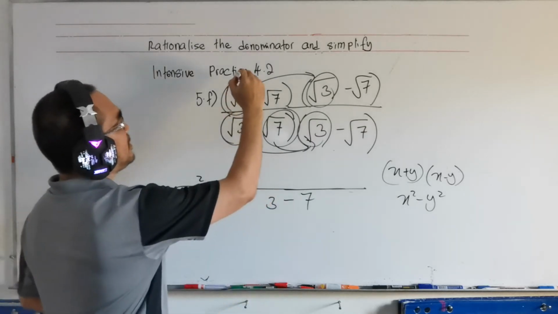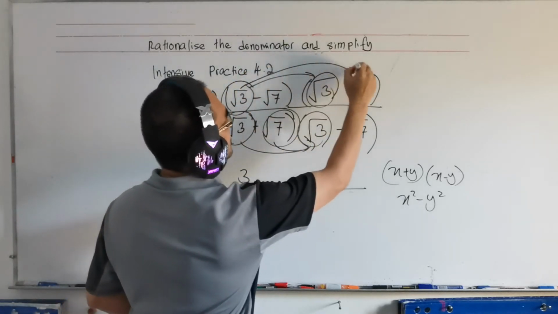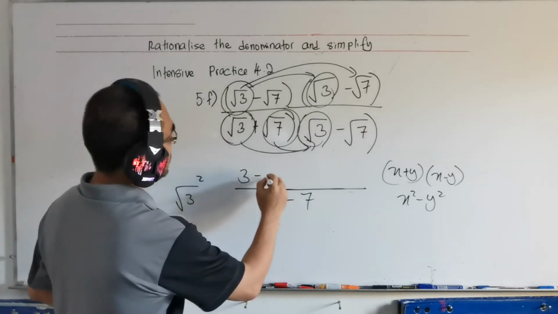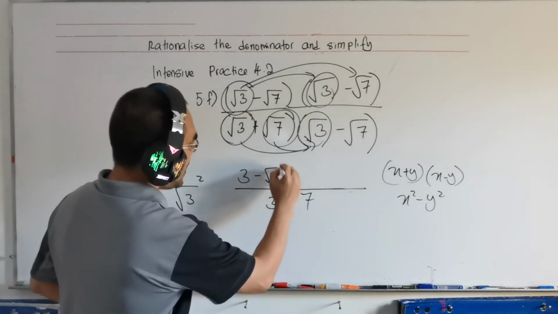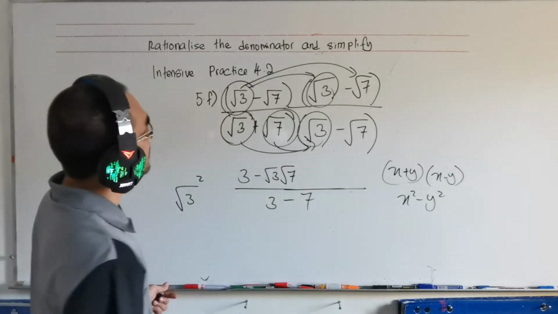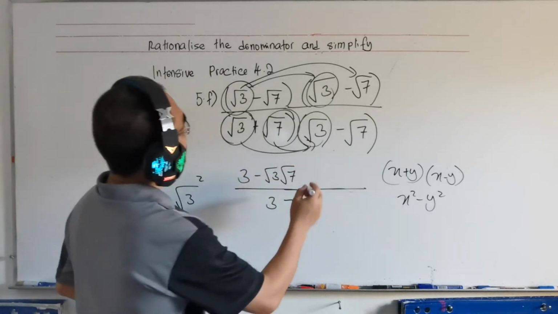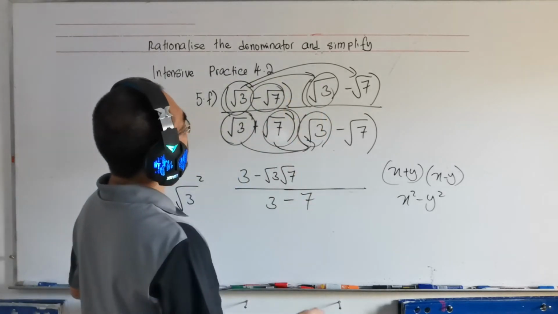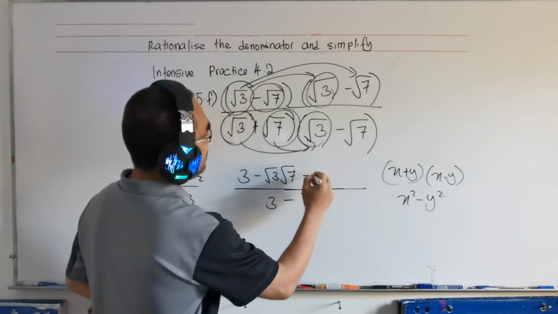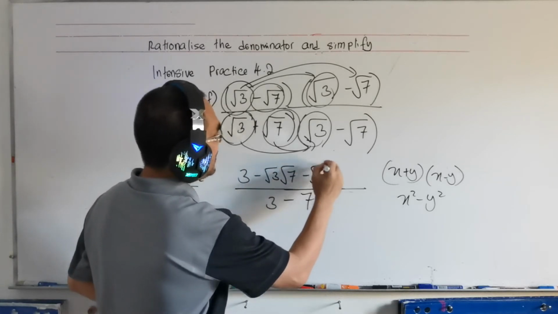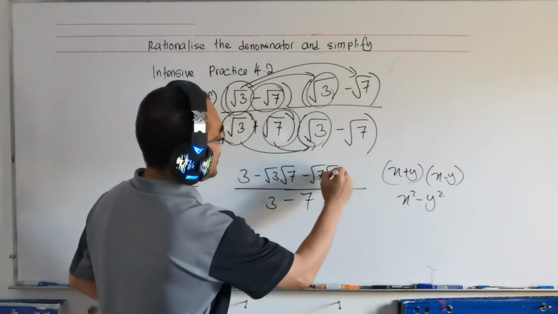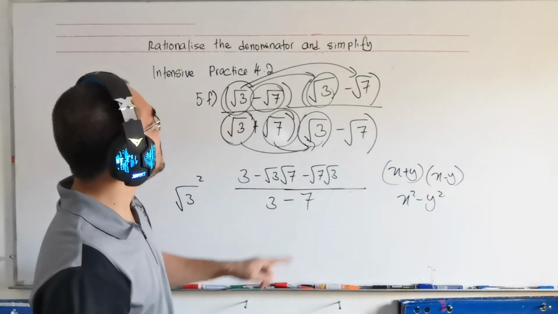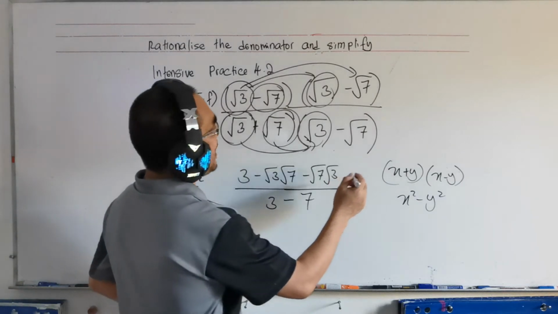And then square root of 3 times negative square root of 7 will be negative square root of 3 square root of 7. And then you have negative square root of 7 times square root of 3 will be negative square root of 7 square root of 3. So actually they are the same. Whichever first doesn't mean anything.